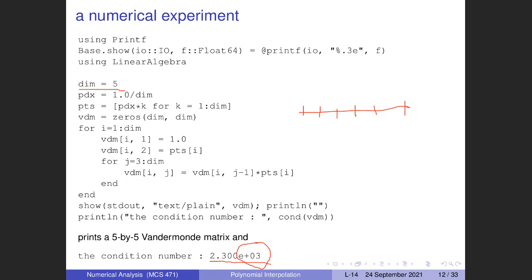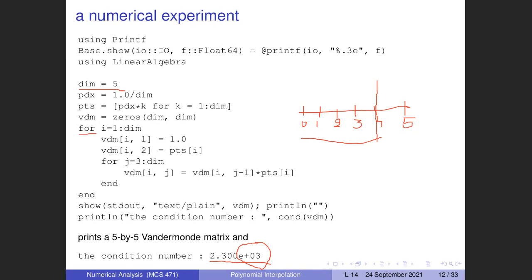So I have the first point, which I still label with 0. I have the second point, the third point, the fourth point, and actually I have now 6 points. So I should have cut off over here. So this gives me the 5 points at the same distance, 0.2.